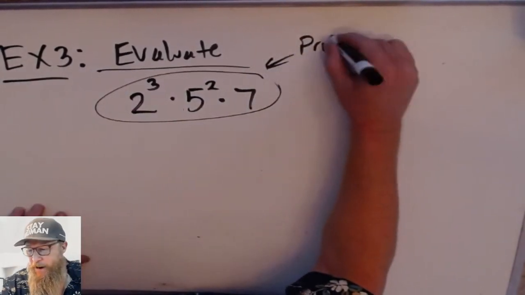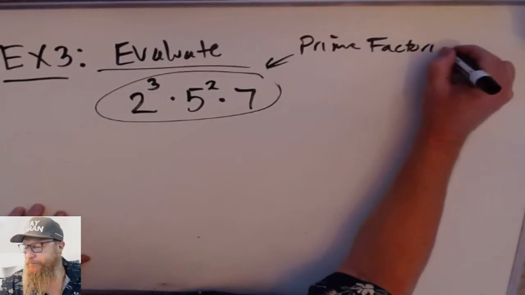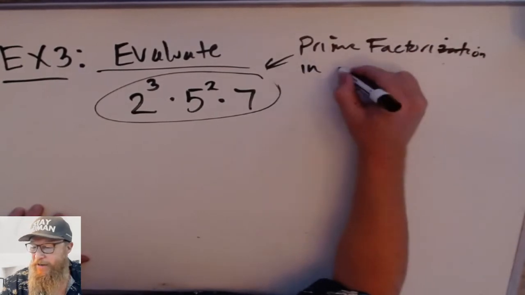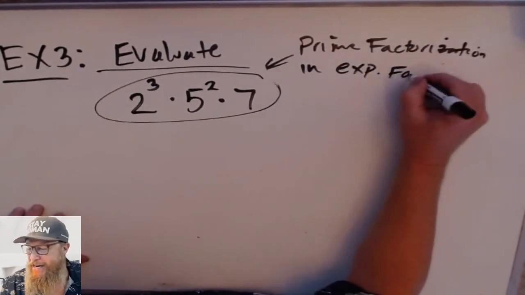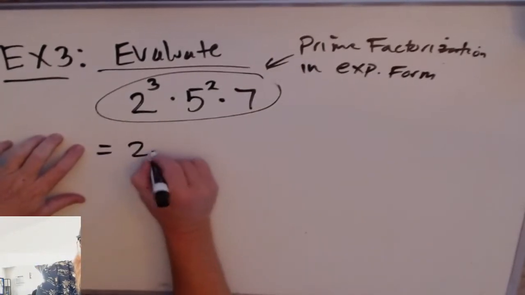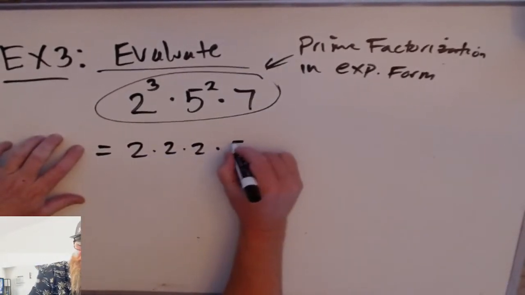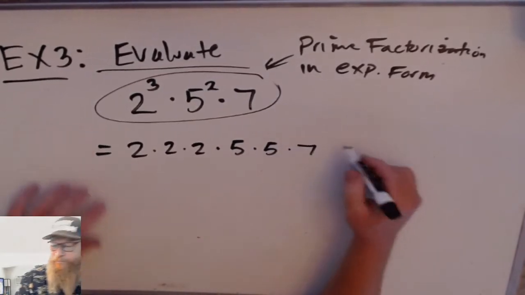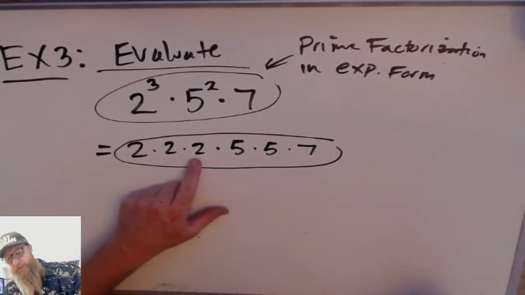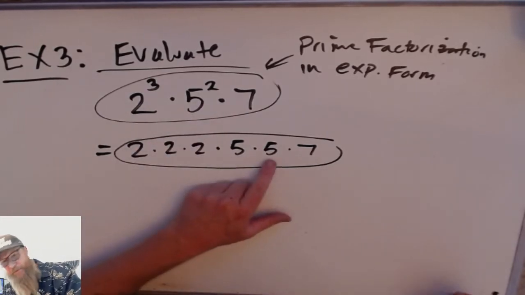So this is a prime factorization in exponential form. I'm just going to say exp form. Then I'm going to write it out in expanded form. So 2 to the third means 2 times 2 times 2, and then 5 squared means 5 times 5.